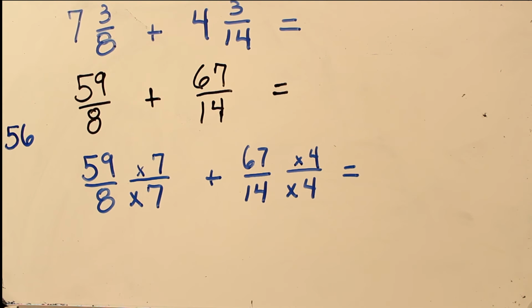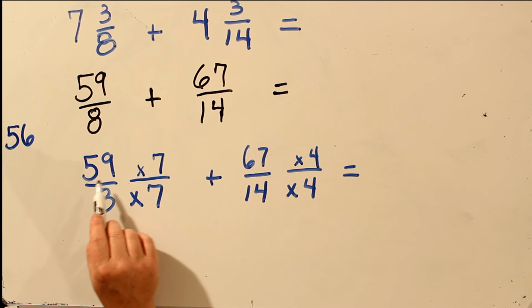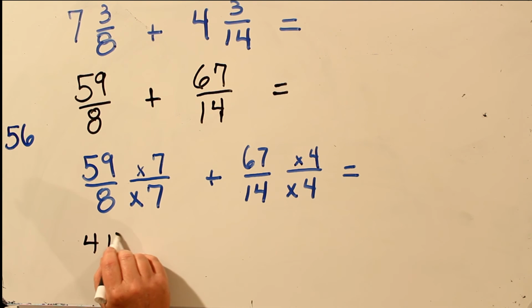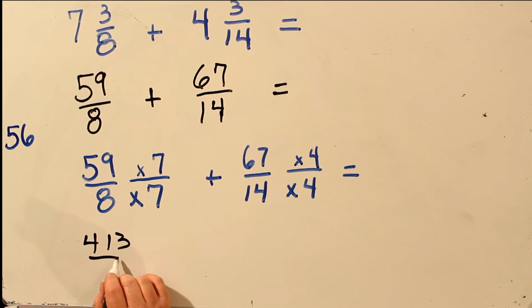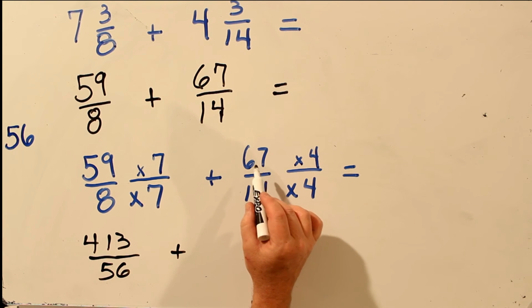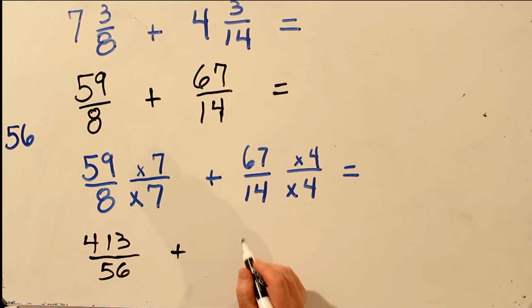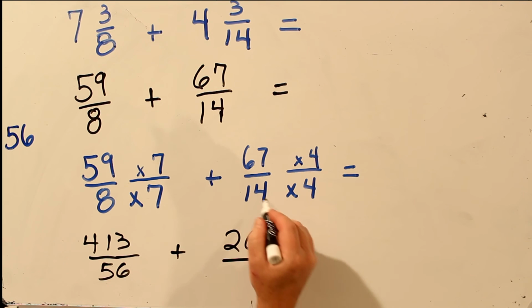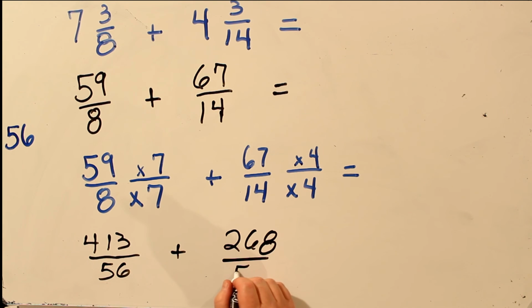Let's do the multiplication. 59 times 7 is 413. 8 times 7 is 56. 67 times 4 is 268. And 14 times 4 is 56.